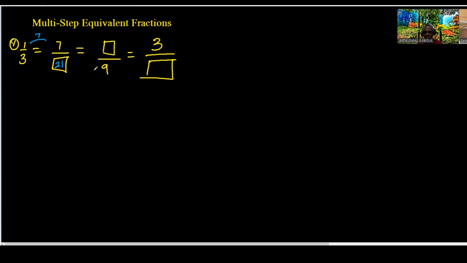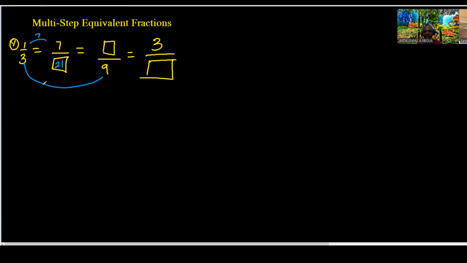Okay, good. So how about the next one? We have to find out what's 9 times something equals 21. Okay, but it will not work. That is why we'll consider from the first to this, okay?